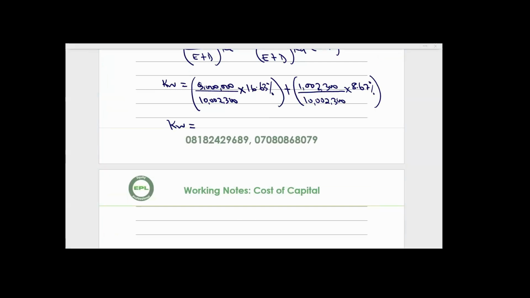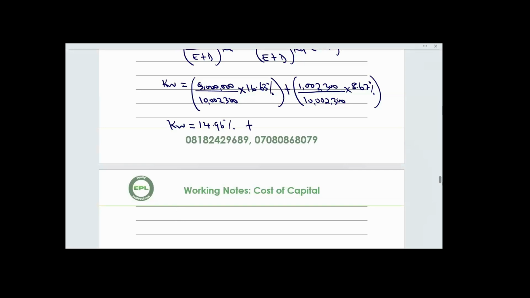From the left, I will say 9 million divided by 10 million, 2,300 naira equal, okay, multiply by 16.63 equal, that's 14.96%. Here is 14.96% plus the other side.